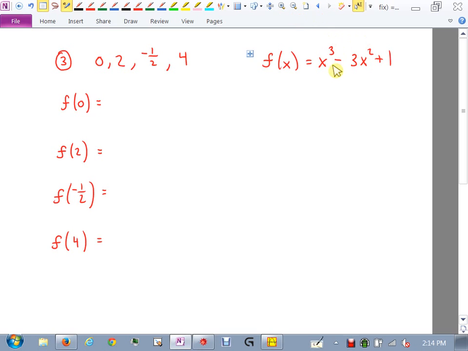So if I plug 0 in here, that's the easy one, right? 0, I get 1. What if I plug in 2? 8, take away 12, that's negative 4 plus 1, negative 3.